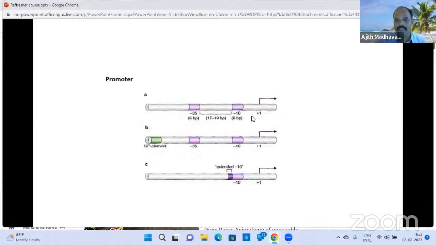Between this minus 35, 6 nucleotides, and minus 10, 6 nucleotides, you have to have a distance of 17 to 19 base pairs. Because it's a double-stranded DNA, you call it base pairs. For each nucleotide of a strand, a complementary nucleotide is present in the other strand, so they pair together, base pair.